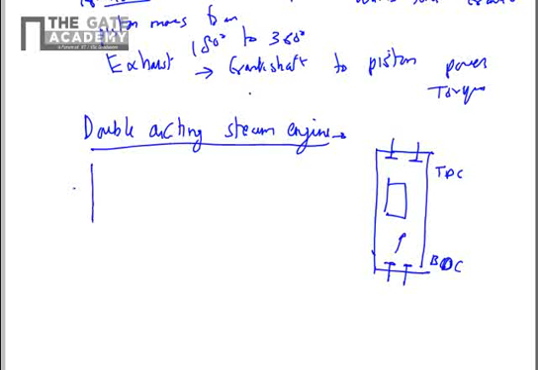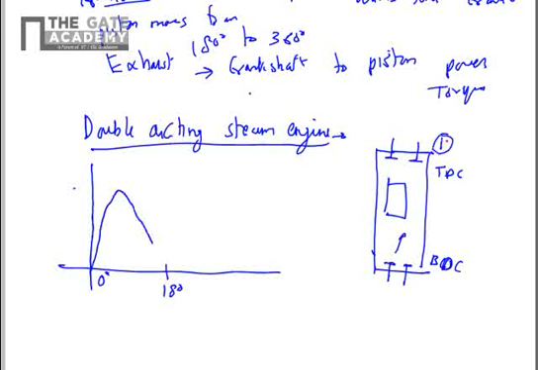So if you draw the turning moment diagram for this case, you will see that from 0 degree to 180 degree it will be the same. The torque will gradually rise during inlet and power stroke from side 1. Let's say this is side 1, this is side 2. So from side 1 it will rise, and then when it reaches the BDC, the torque due to piston 1 will be 0.